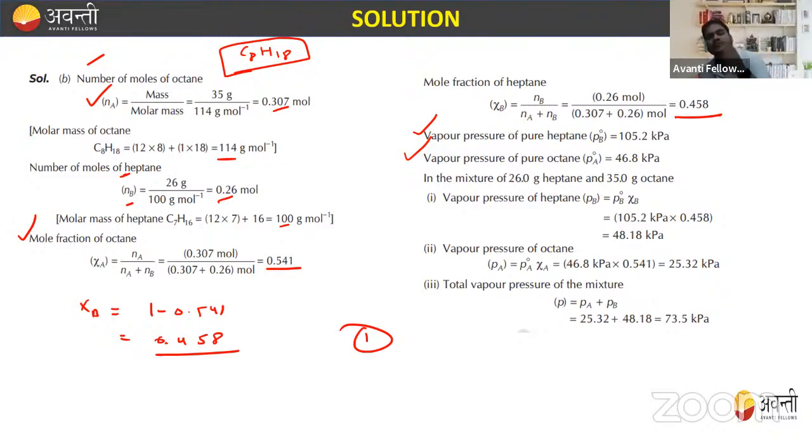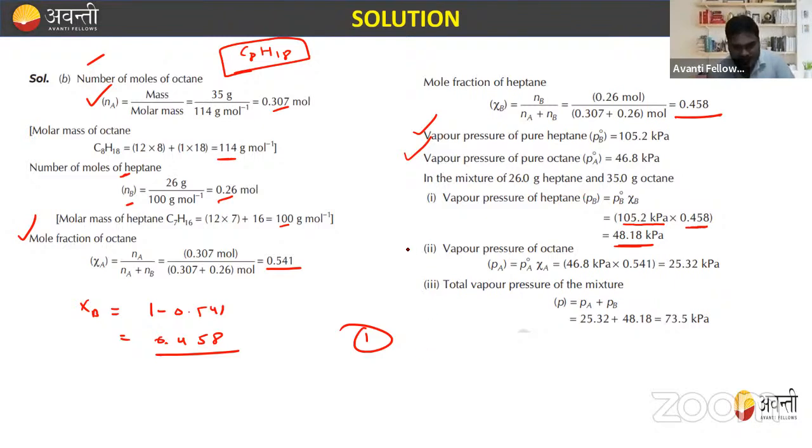So the vapor pressure of heptane, that is PB, is nothing but P naught B into XB. What is P naught B here, beta? 105.2 kilopascal. And what is XB? 0.458. So it comes out to be 48.18 kilopascal.